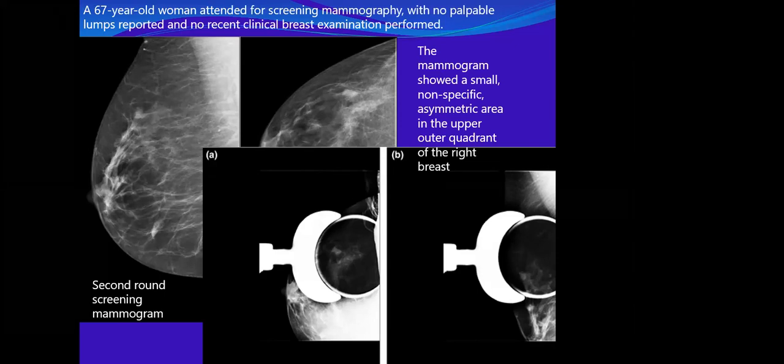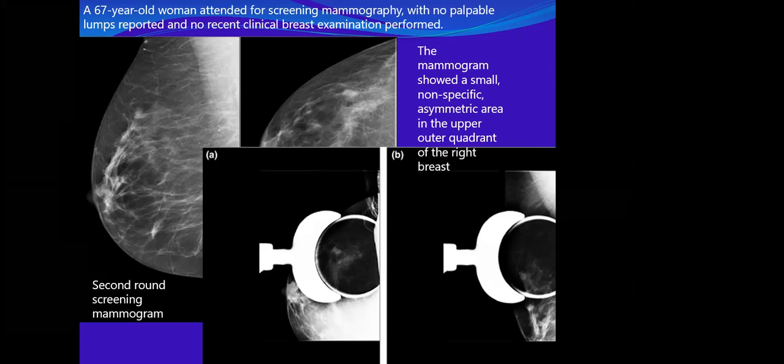We have seen many examples where spot compression demonstrates that a focal asymmetry represents a mass. But this looks still the same as on the standard view, it does not spread away. It is seen as a focal asymmetry, since it can be appreciated on CC as well as on MLO. So we are dealing with focal asymmetry.